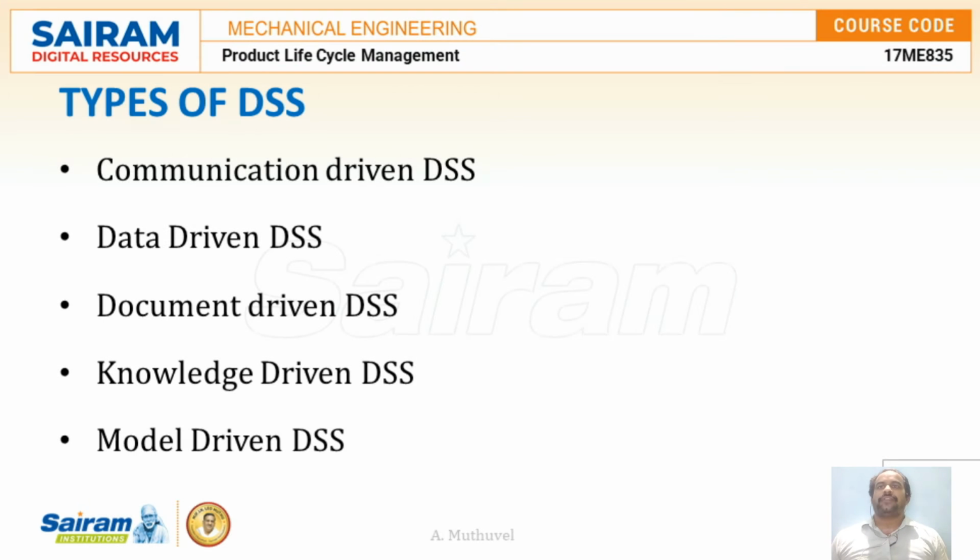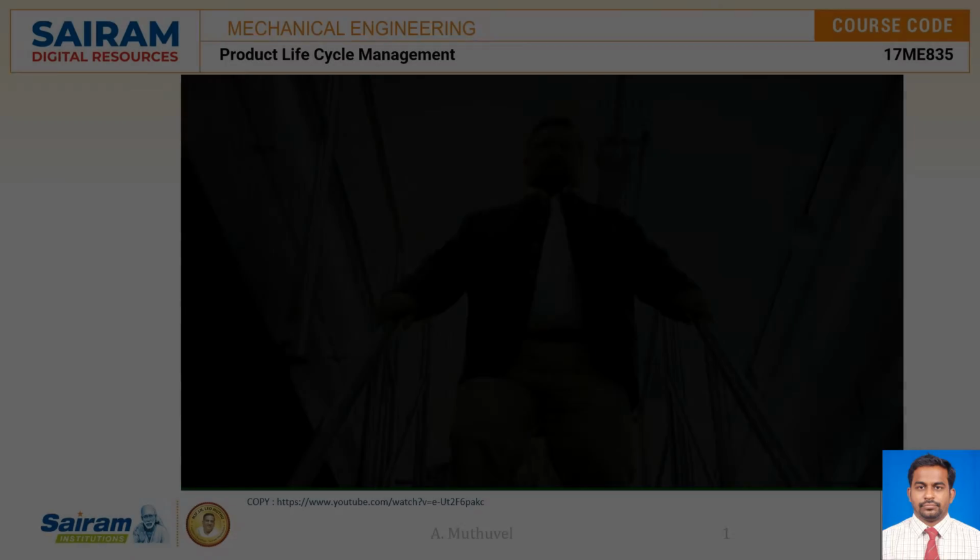Various types of DSS are communication driven DSS, data driven DSS, document driven DSS, knowledge driven DSS and model driven DSS. Now I am going to play a small video for your better understanding.